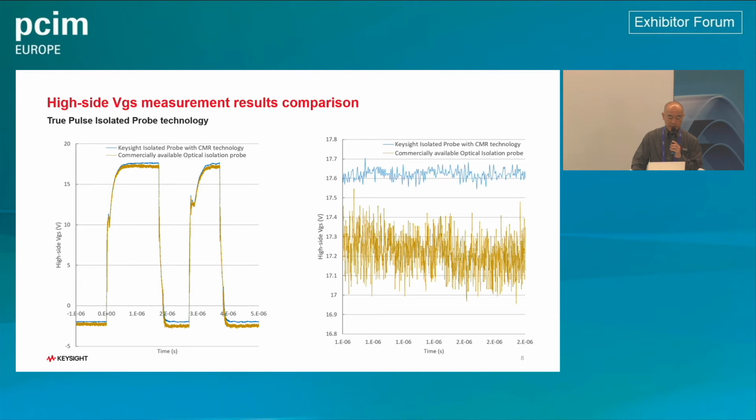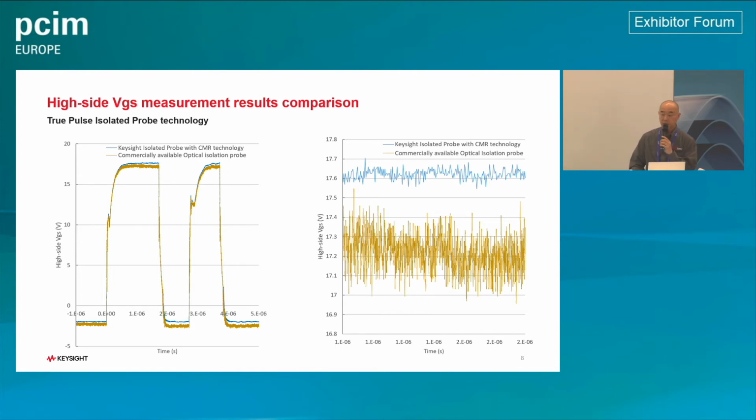And so we developed similar technology, what we call true pulse isolated probe technology. And it's plotted with the blue trace on this graph. And you see it doesn't get the influence from common mode noise.